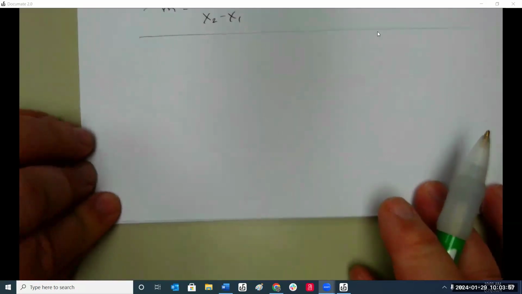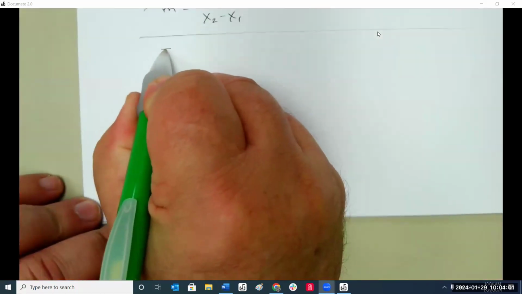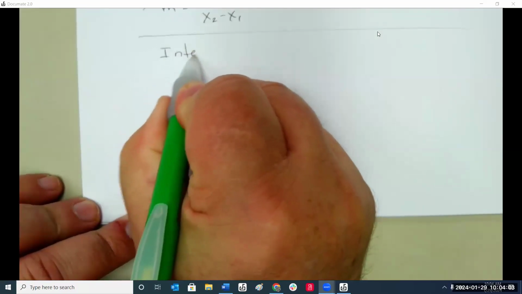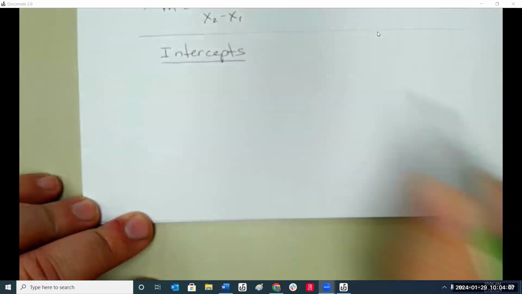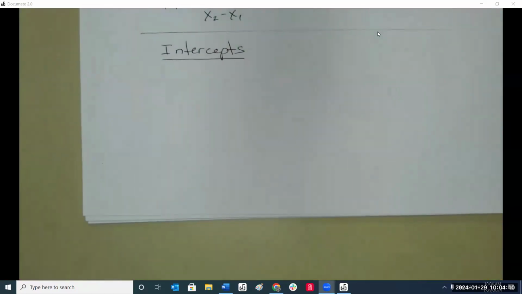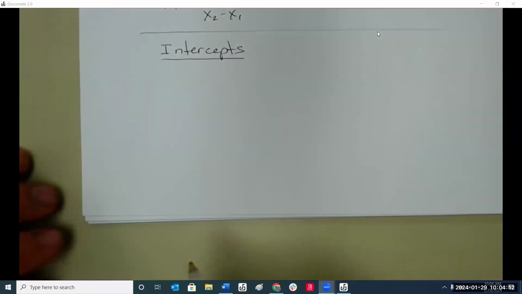The next thing we have to look at when it comes to lines is what we call intercepts. What is an intercept?